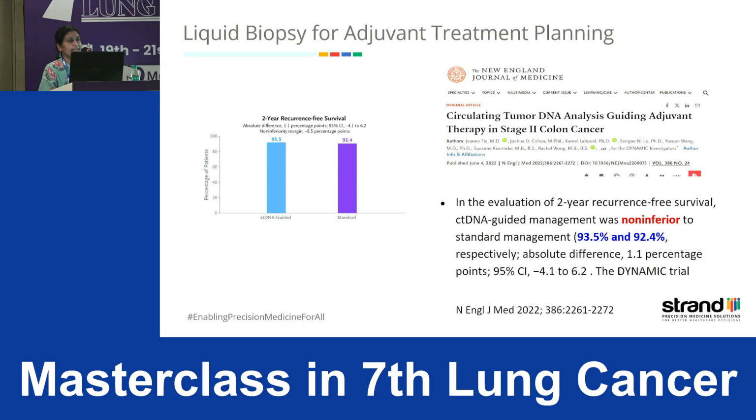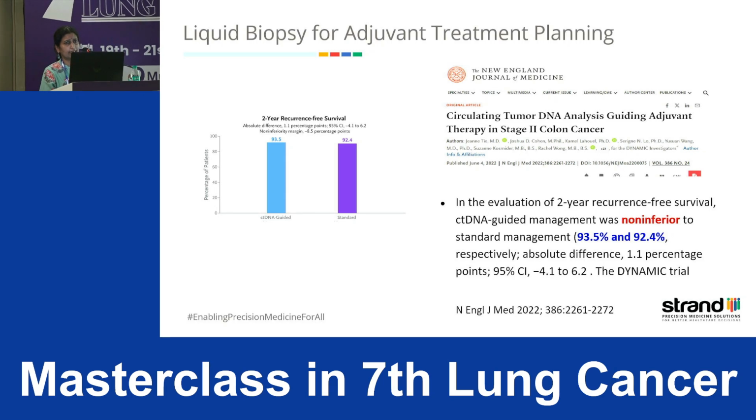And the other very famous use case is in colon, which is similar to what is being talked about for lung, but a little different. Adjuvant therapy after stage 2: should you give it, should you not give it?